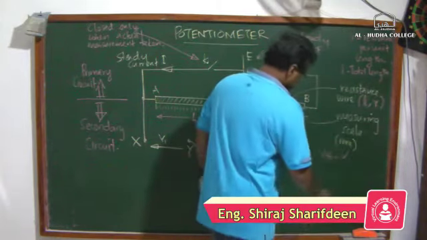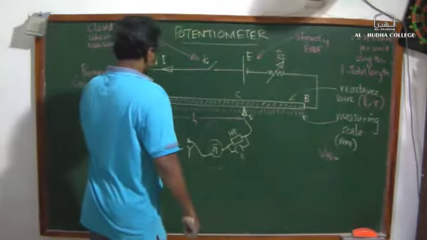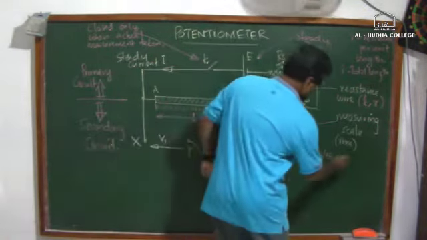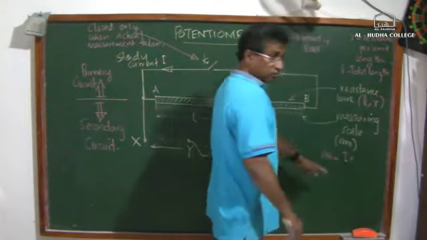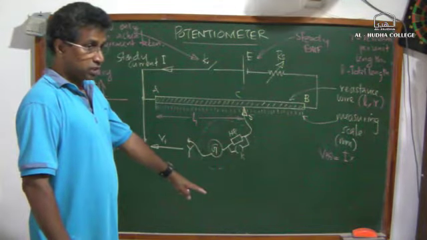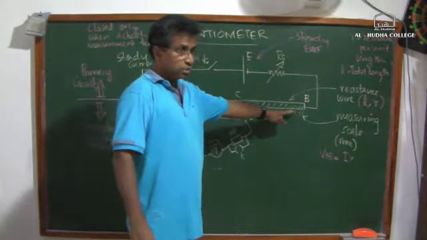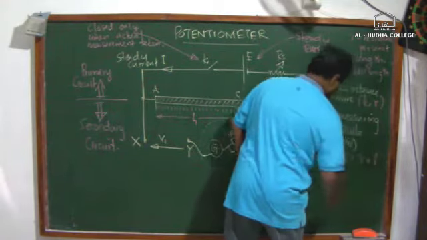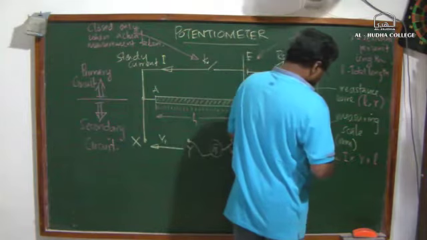Now VAB you can write as I into R into L, right? Now you see, what is the voltage per unit length?